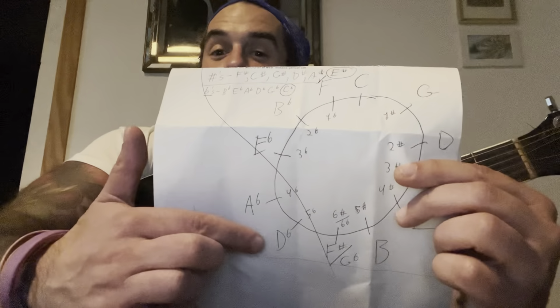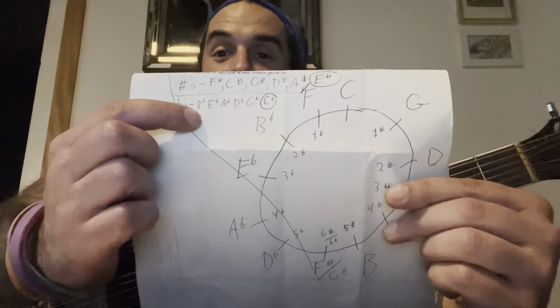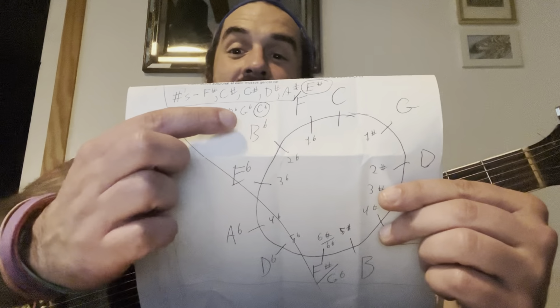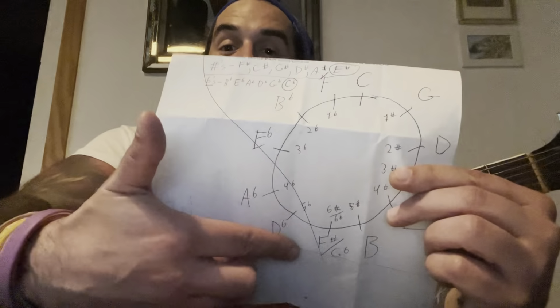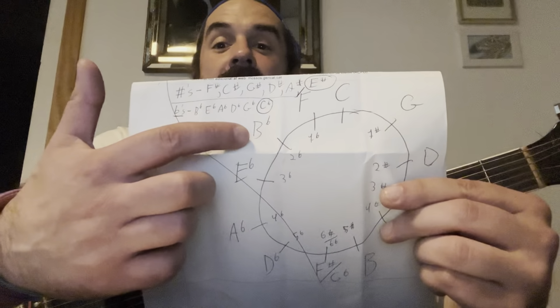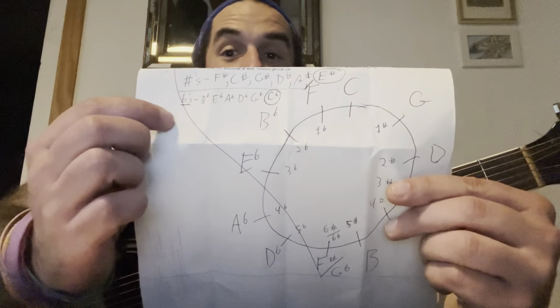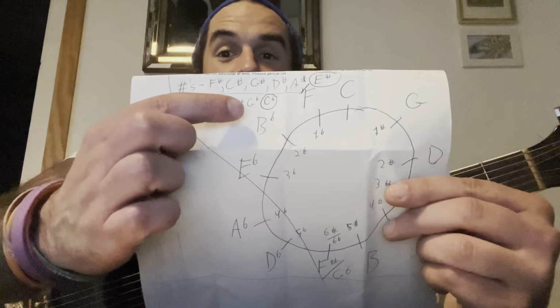That introduces our D flat, which now has B flat, E flat, A flat, D flat, and G flat. Boom, okay? And then G flat adds the B flat, E flat, A flat, D flat, G flat, and then our C flat.